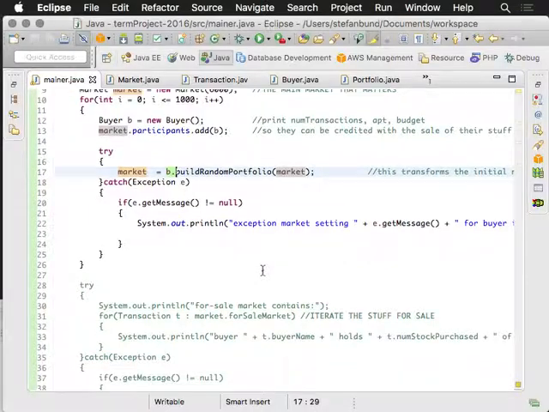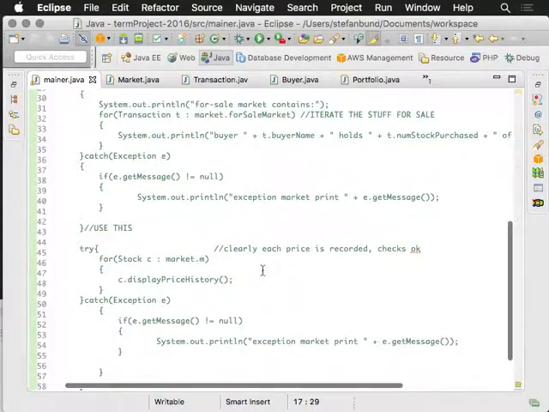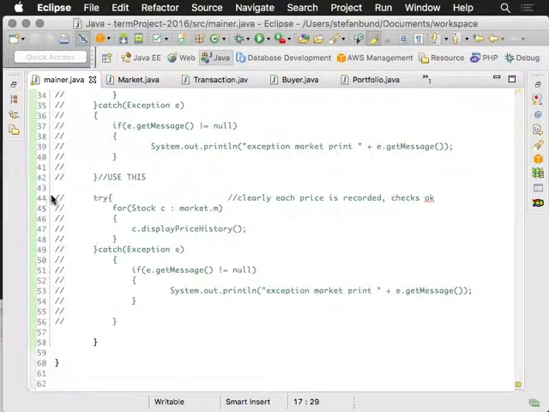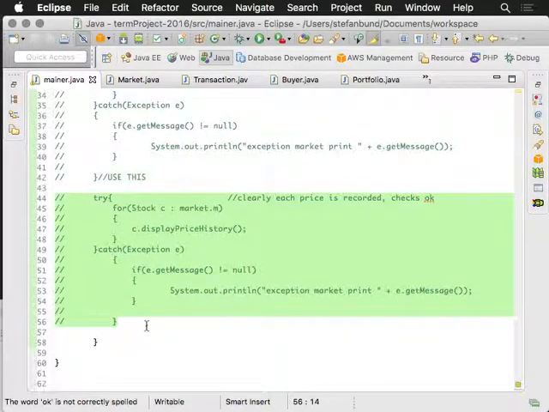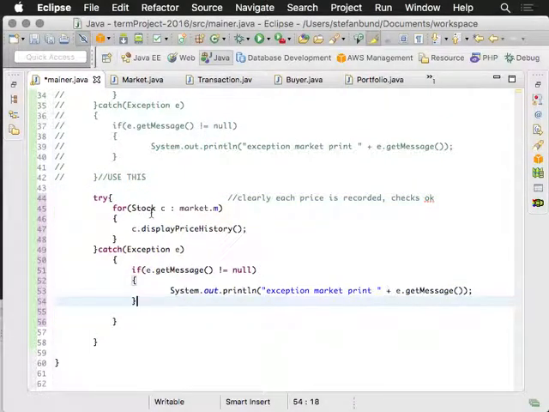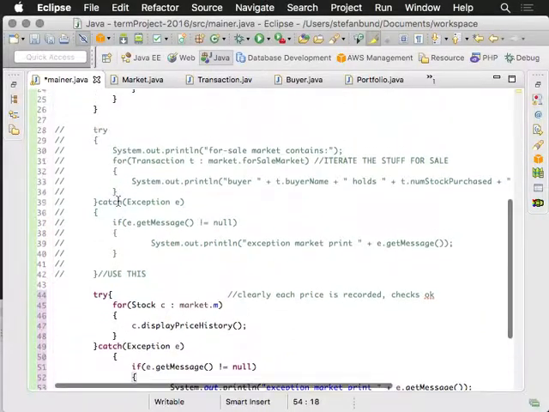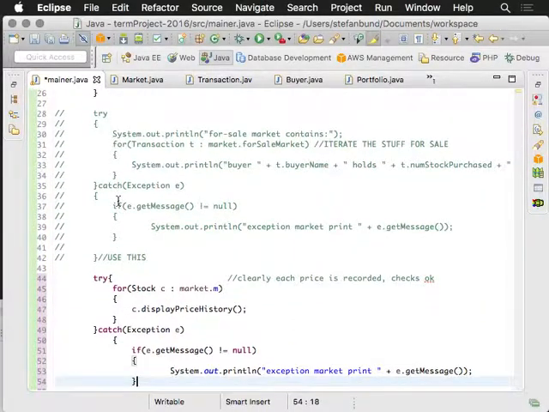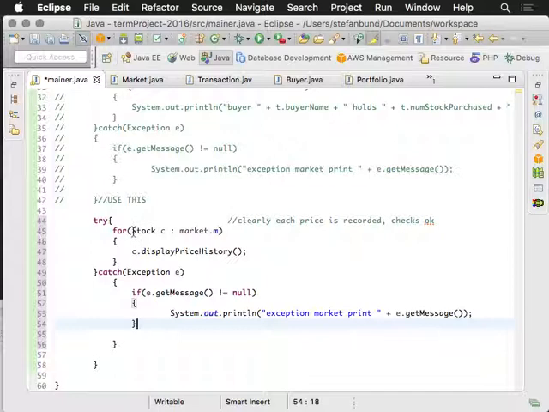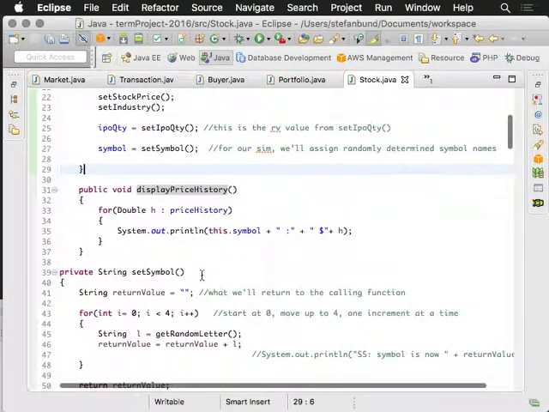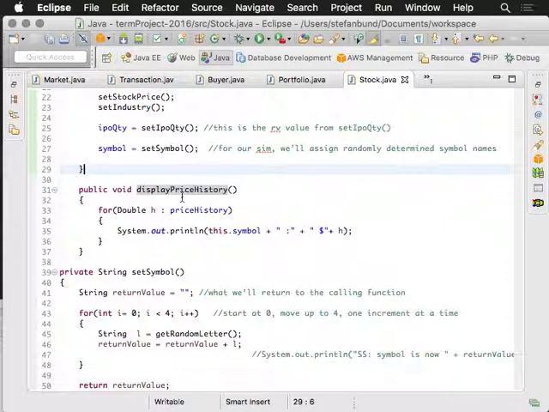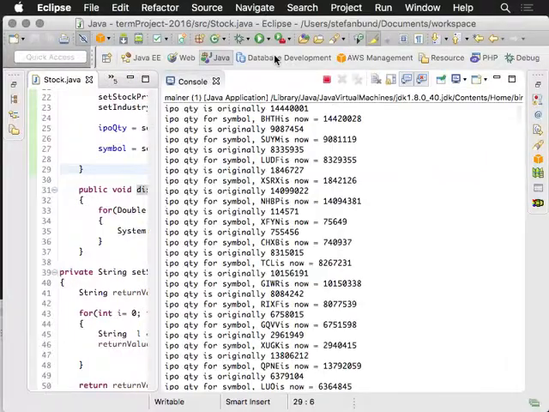And what I'm doing right now to prove that that's taken place is I've done a try-catch block where I've said, okay, for every stock that's inside of the market, go ahead and display the price history. And what that's been doing, if you see price history, this is in the stock, it'll actually show how the price has changed.